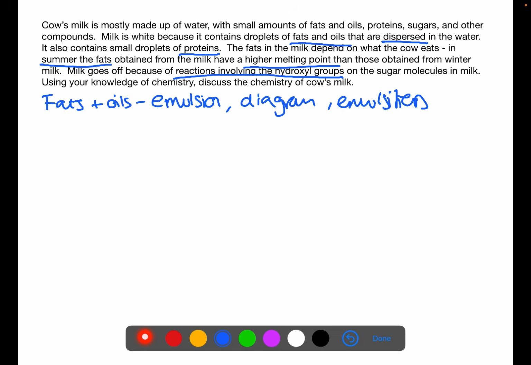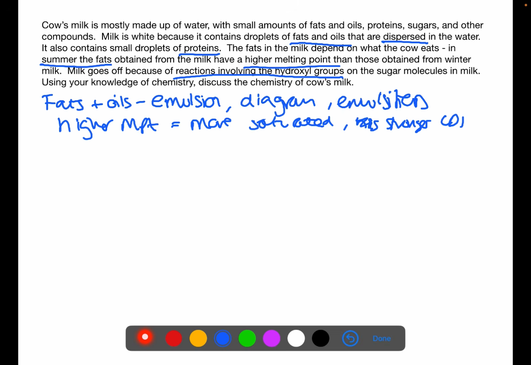Later on, it mentions that the summer fats have higher melting points than those obtained from winter. So higher melting points means that they're going to be more saturated. So they'll have a straighter structure and they'll have stronger LDFs. Okay, lower melting points would be the opposite.